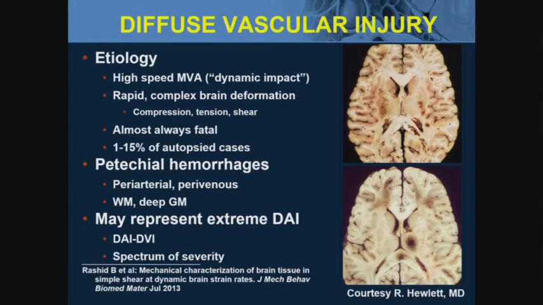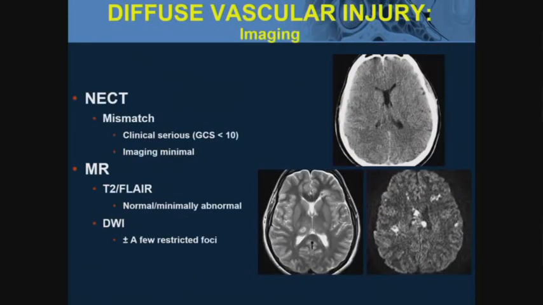We look for bright spots, the blood on our CT scans, and we call that sometimes axonal injury. But axons don't bleed. It's the blood vessels that do. And when we get these really bad, high-impact injuries, we will get compressions and tensions and shearings of brain blood vessels, and they are almost always fatal. Here are two autopsy cases, and you see these linear types of hemorrhage in the subcortical and deep white matter. This is what we look for.